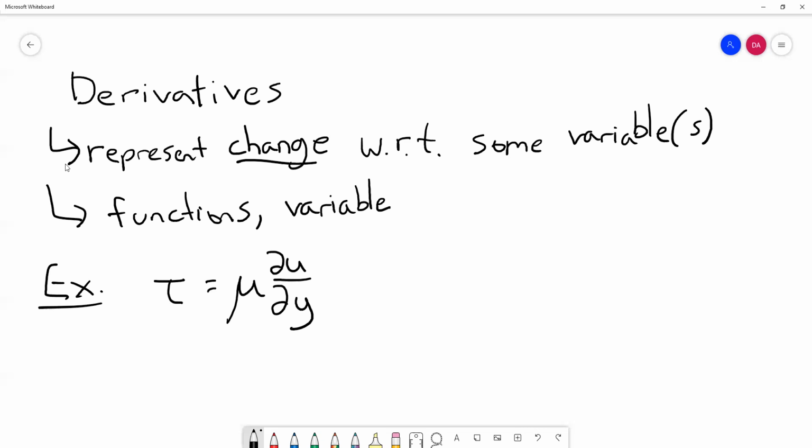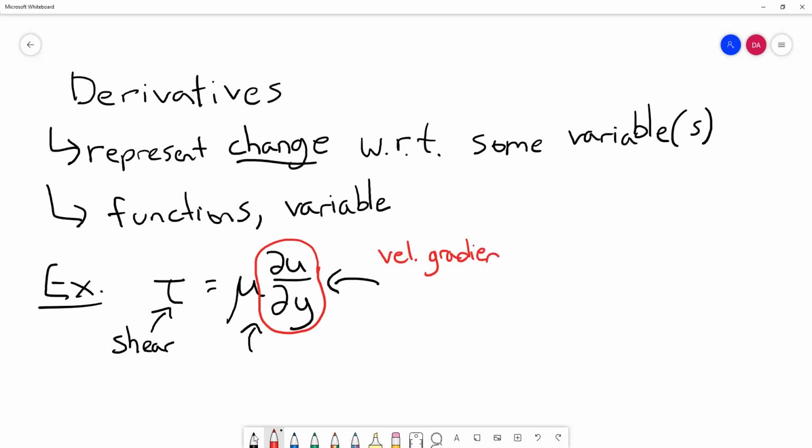We mentioned that Newton's law of viscosity corresponded of a shear stress, some constant, which we call viscosity, and then this nice property here that we call the velocity gradient or strain rate. Now, looking at how that function is set out, we have du over dy.